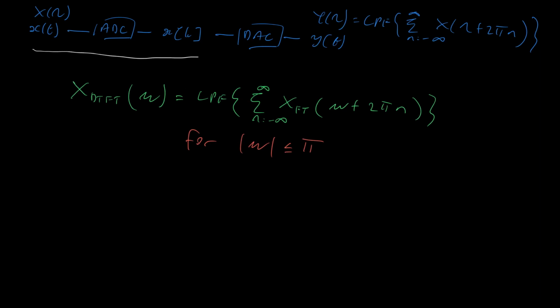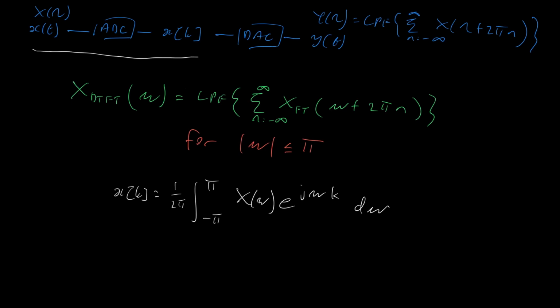And the definition only looks at values of big X of omega between minus pi to pi. Indeed, the integral only goes from minus pi to pi. If we keep this non-standard viewpoint, then we can get rid of this low-pass filtering function out the front, because we only care about the value of X of omega between minus pi to pi, and the low-pass filter passes that value and blocks everything else.